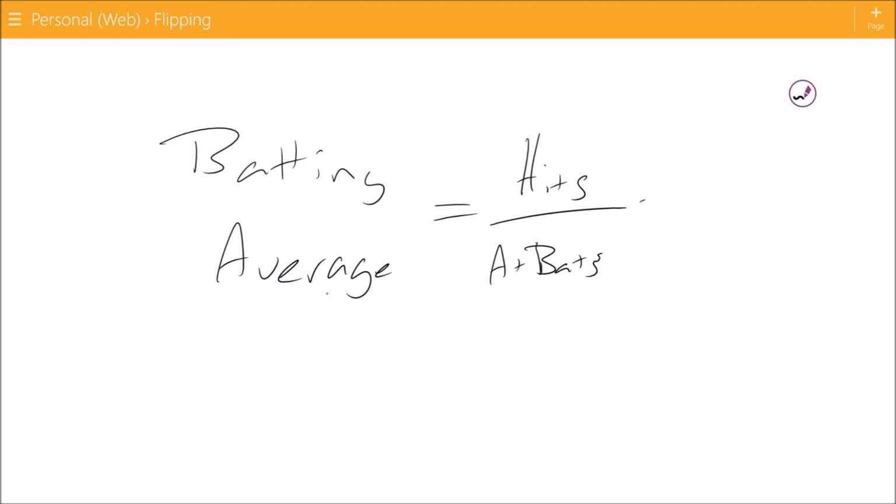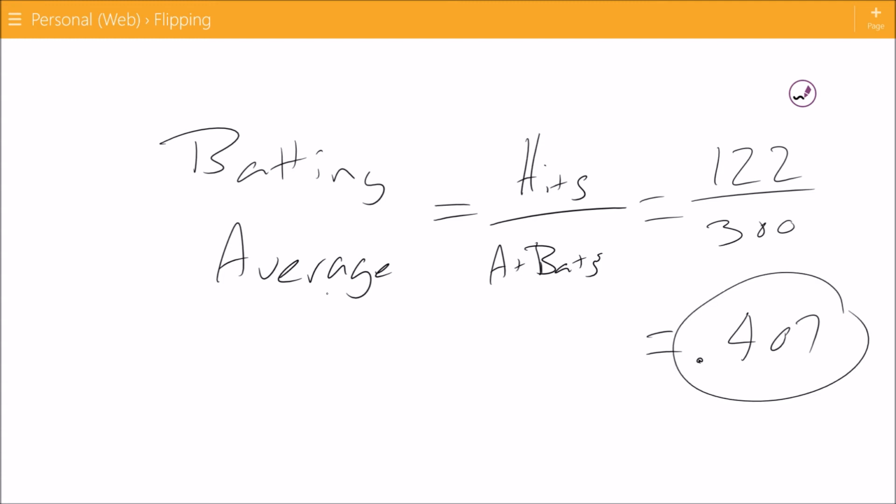If a player were to have 122 hits spread across about 300 at-bats, then they would have a batting average of 0.407, which if you know about baseball, this is really good.